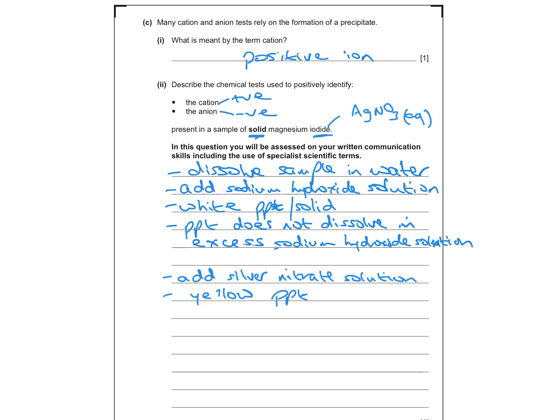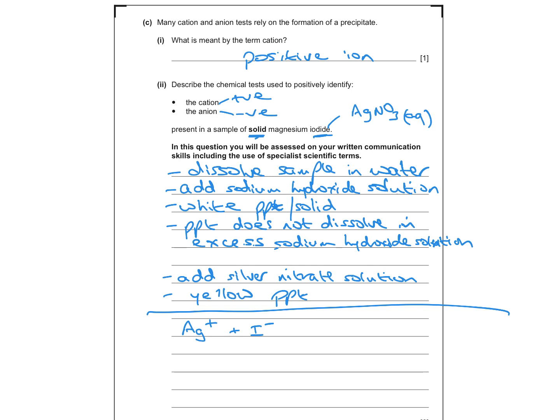The precipitate itself is silver iodide. Now you don't need to put this into your answer. That's enough there. But just to show you what this precipitate is, you've got silver ions from the silver nitrate solution. The silver ions are what react. This is going to be an ionic equation. And they react with the iodide ions from the magnesium iodide.